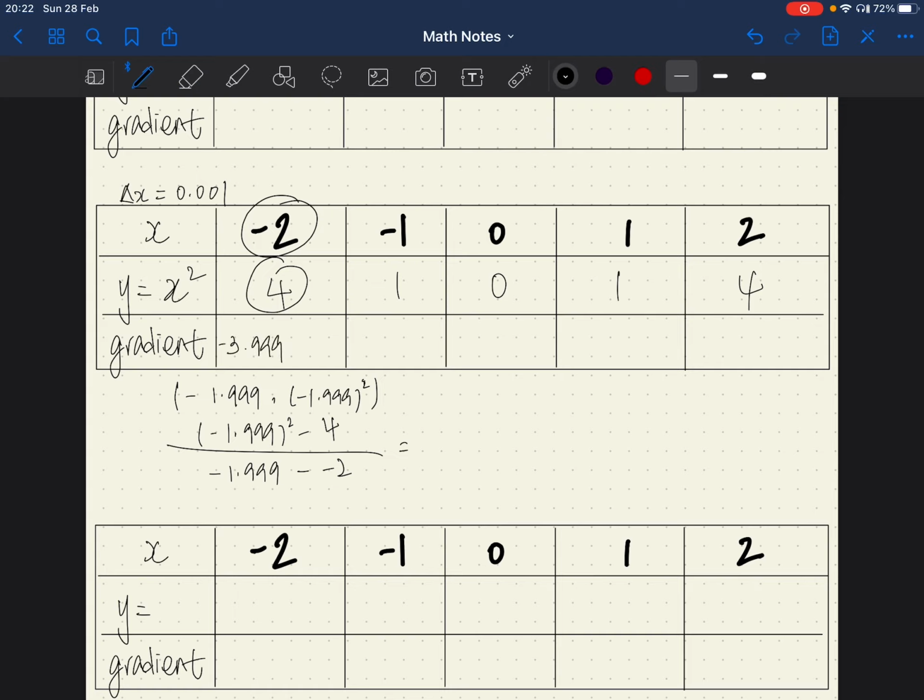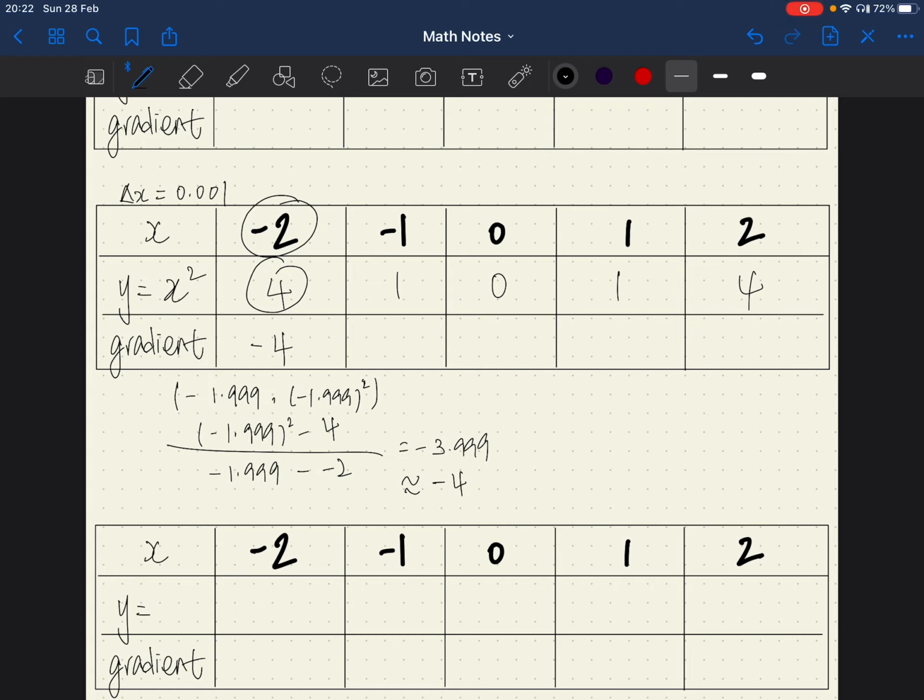You will round this to the nearest whole number, which is -4. Okay, so let's not write it there. Let's write it in the working. So -3.999, which is approximately -4. Then you put -4 here.